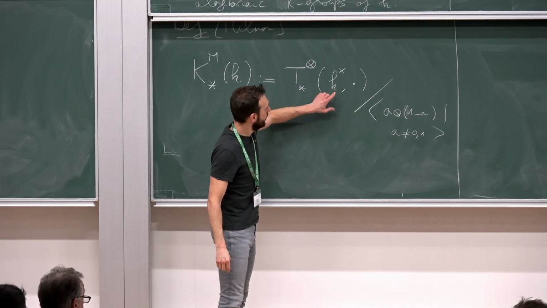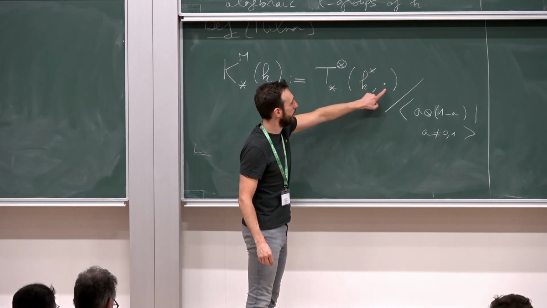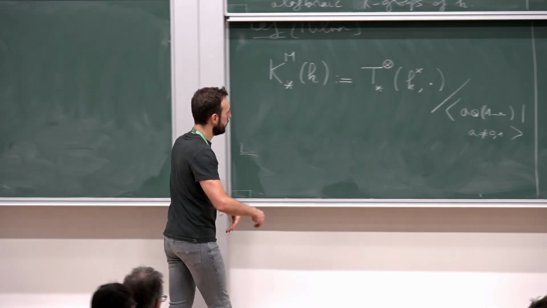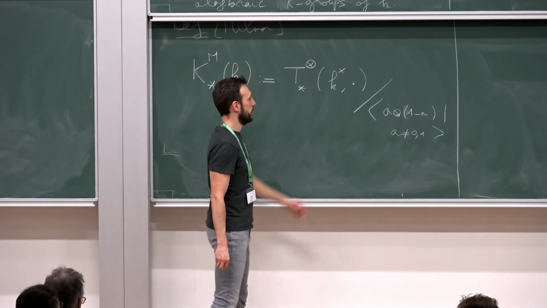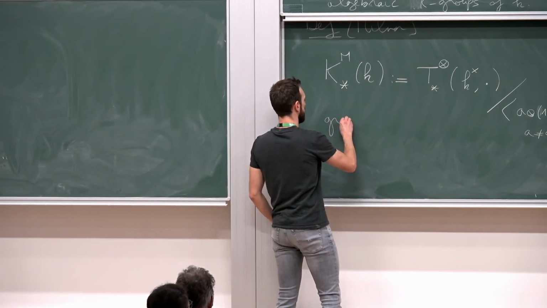Here we are looking at the units as an abelian group under multiplication. As an abelian group, you can take the tensor algebra over Z and mod out by this relation in degree 2. This is a graded ring.